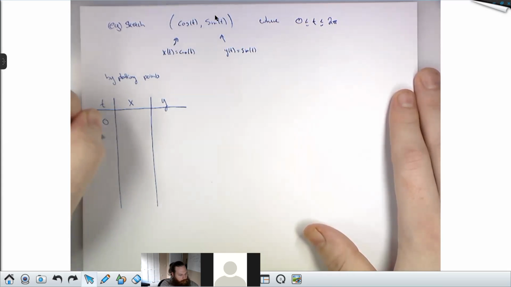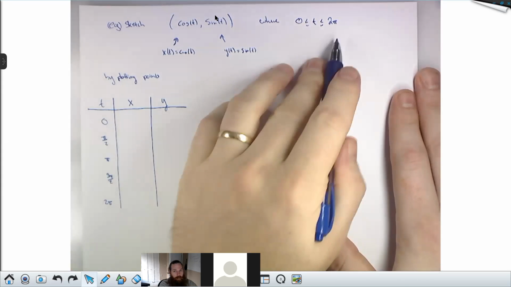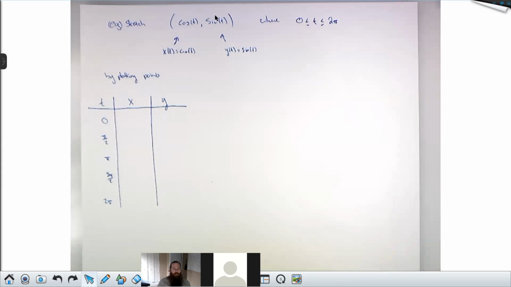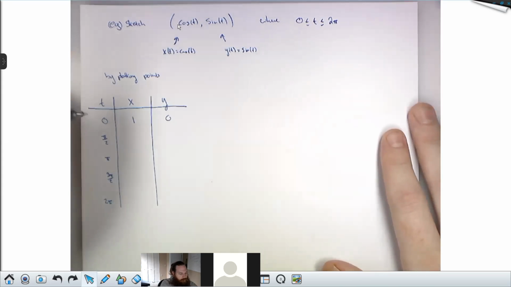Here I'll do multiples of pi over 2, from 0 to 2 pi. So when t is equal to 0, x of t is the cosine of 0, that's 1. Y of t is the sine of 0, that's 0.